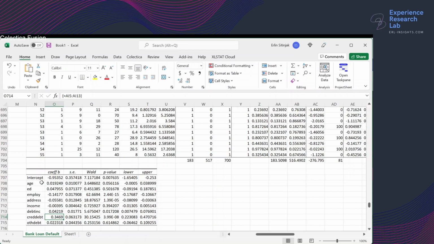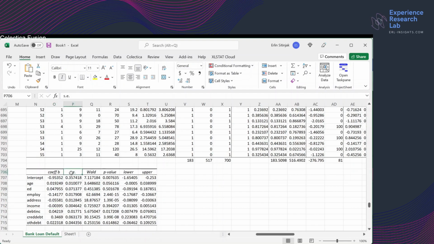On the other hand, the likelihood has a negative relationship with years of working with the current employer, years of residing at the current address, and household income. So the longer someone works with the current employer, the less likely he is to default on a bank loan.